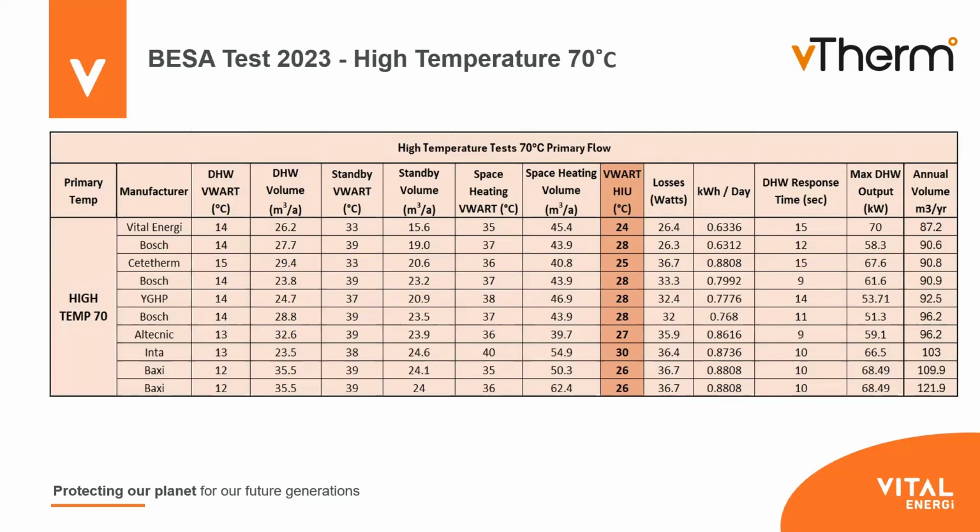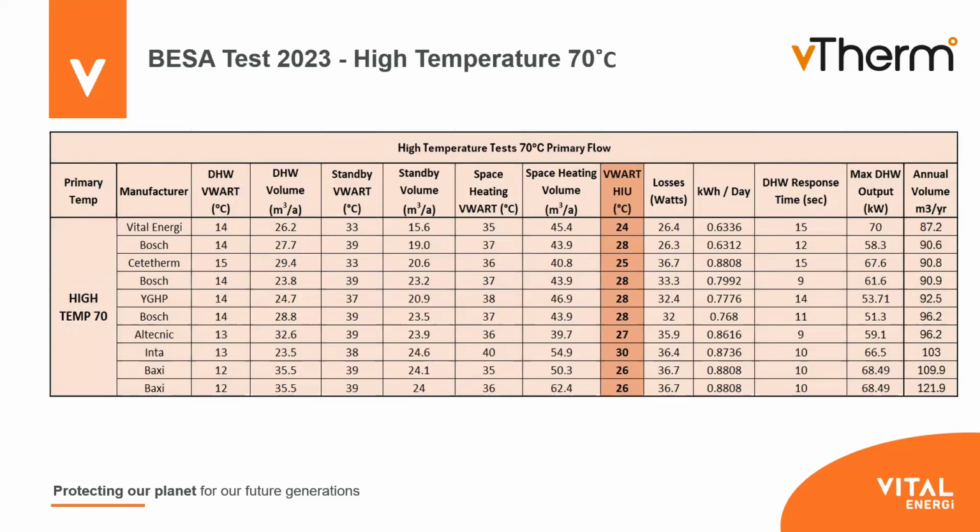So if we took the top two, as an example, we've got a VWAT of 24, and we've got a standby volume of 15.6. If we then look at the nearest one, which is the third one down, you'll see that the VWAT is at 25, but their standby volume is now at 20.6.